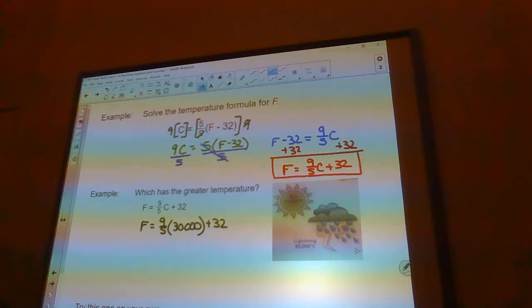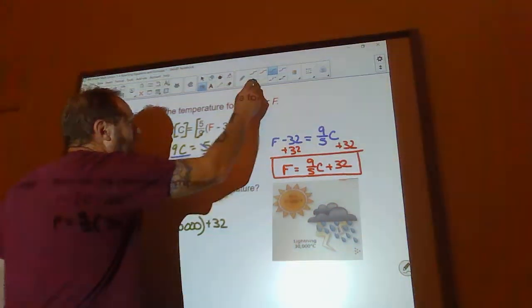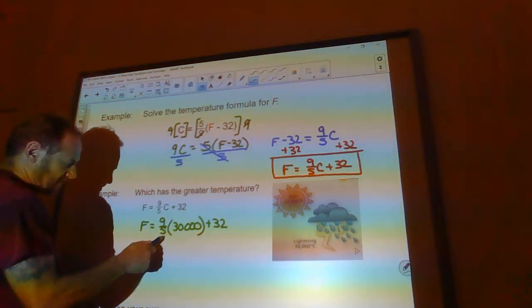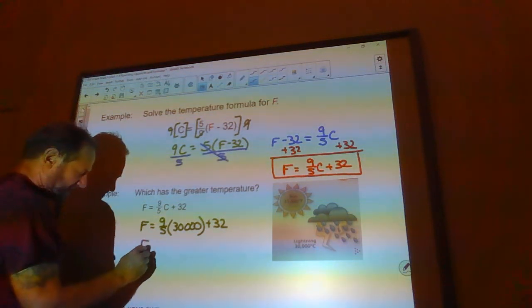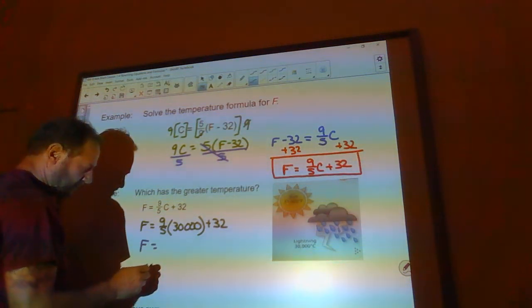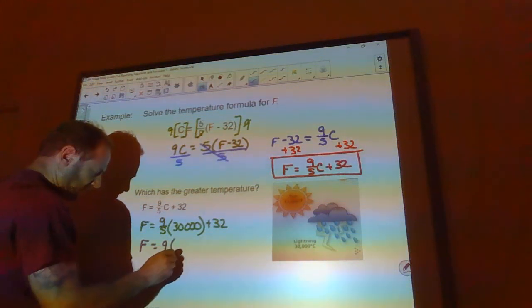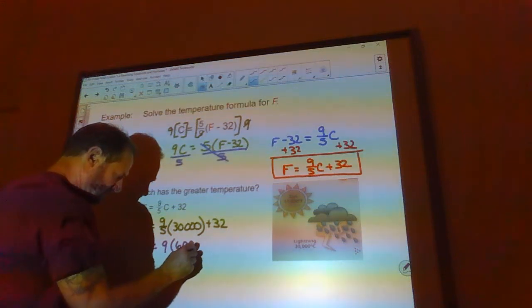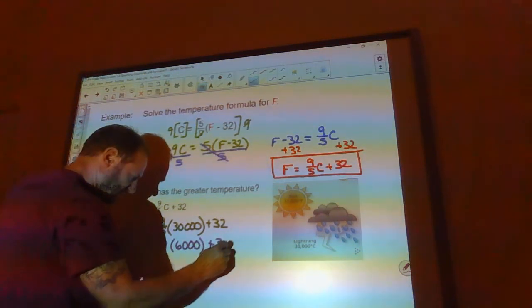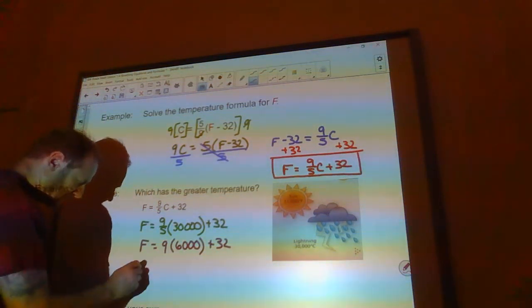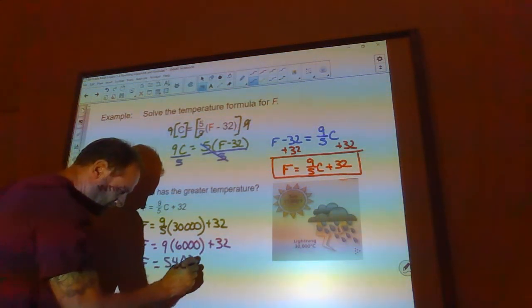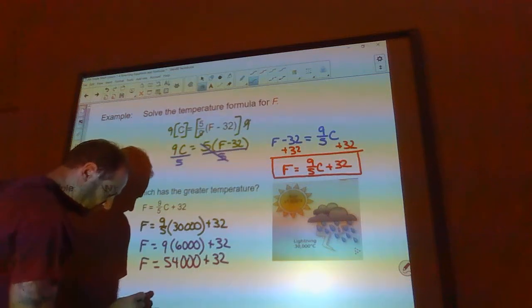Yikes. Okay, so a little math in my head here. I can do 30,000 divided by 5. That'll be easier to do first. So that would be 9 times 6,000 plus 32. 9 times 6,000 is 54,000 plus 32.